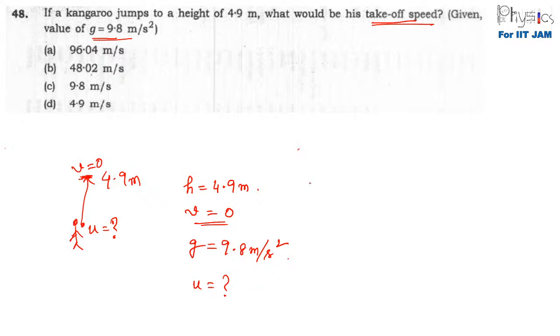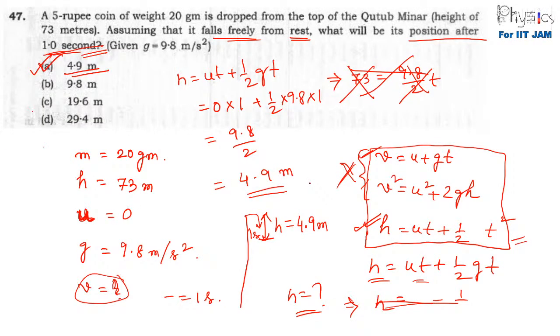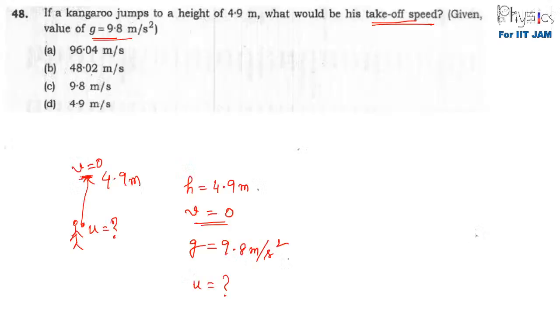So again, remember these three equations: v equal u plus gt, v square equal u square plus 2gh, h equal ut plus half gt square. It was g here. Okay, so here the only difference is this plus will become minus in this question, because the velocity falls as the kangaroo goes up.